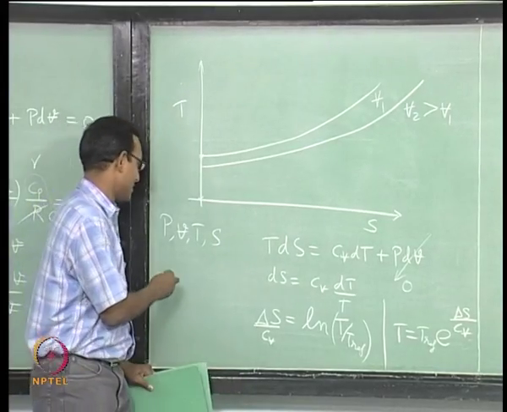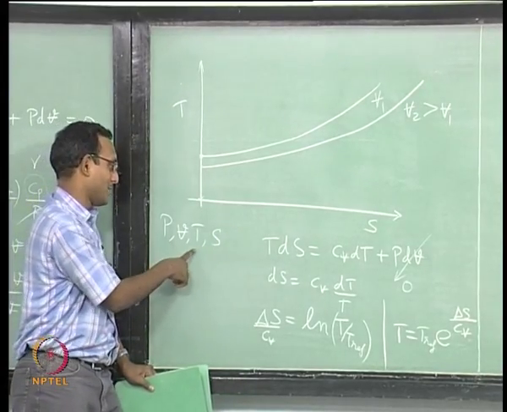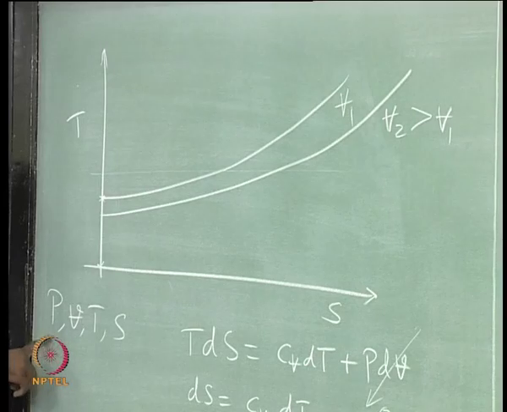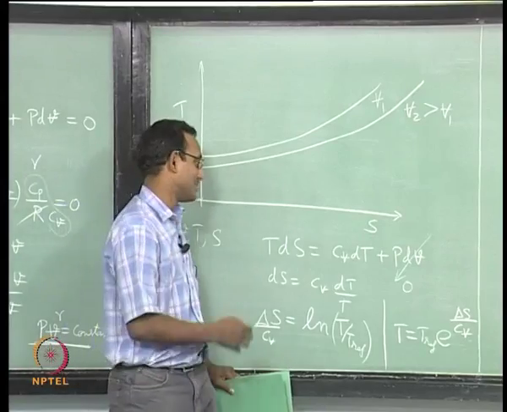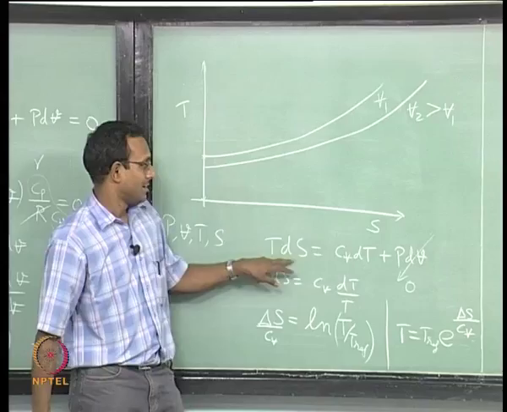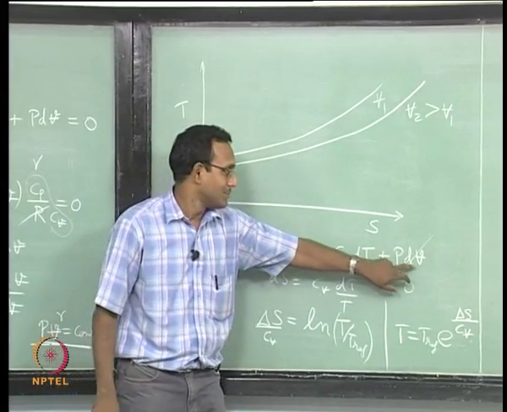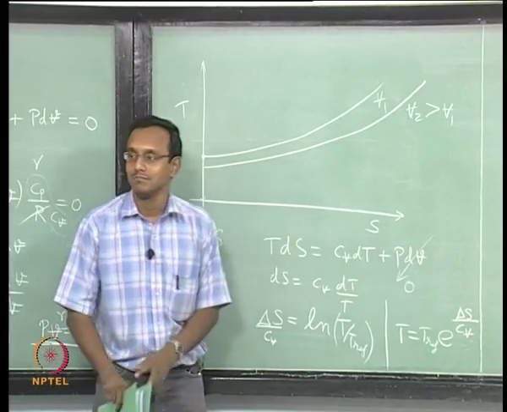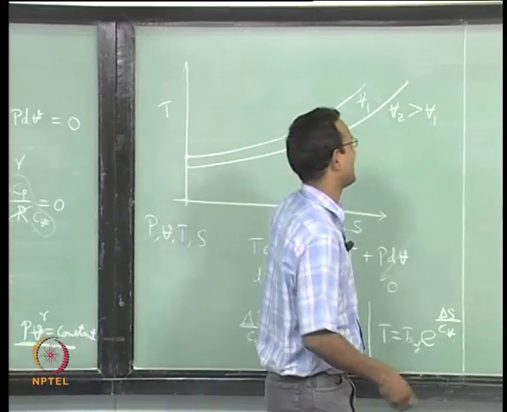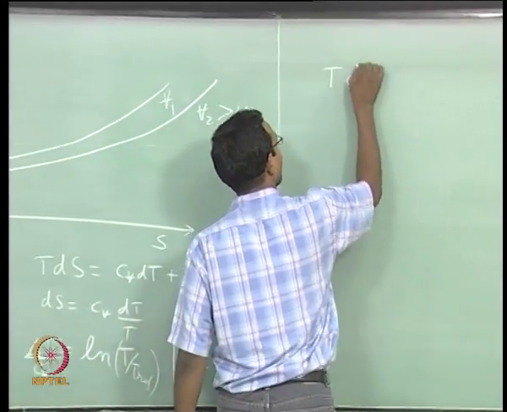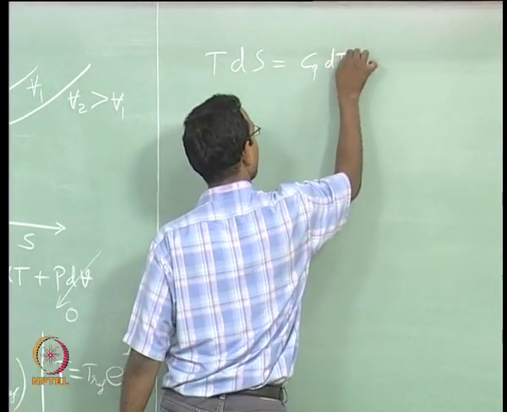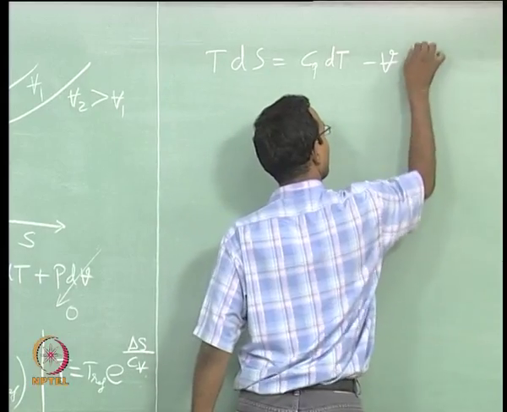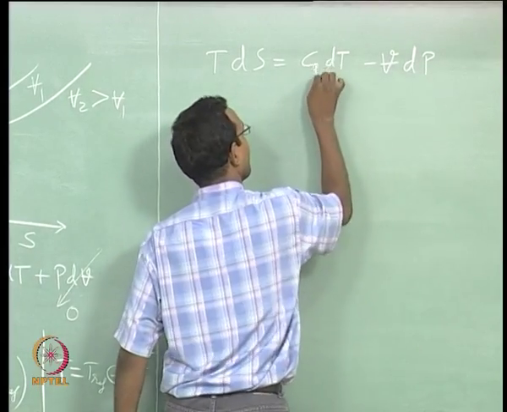Now, we started with constant entropy, constant temperature, we finished constant volume, now we have to think about constant pressure. How will I solve this? I have to rearrange this equation such that I will have ds and dt, but that term should be a dp. What will that be? We already wrote that yesterday. Okay.